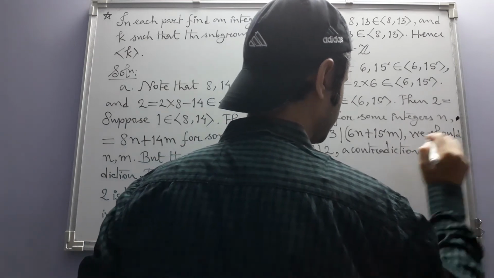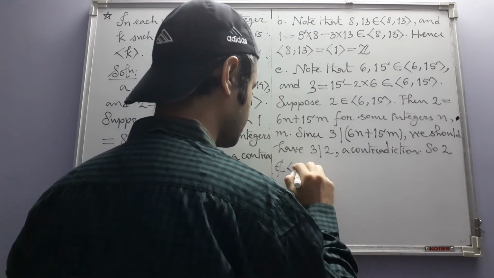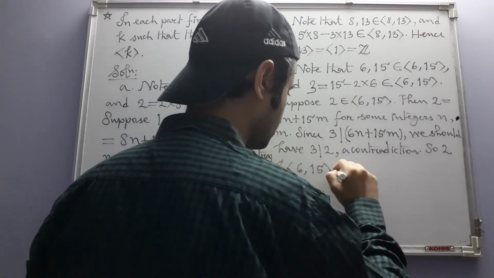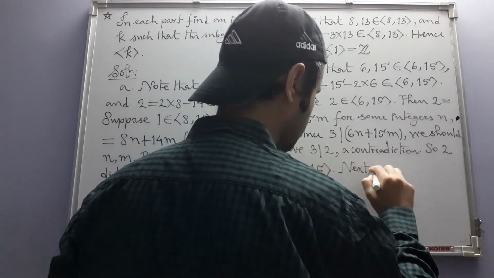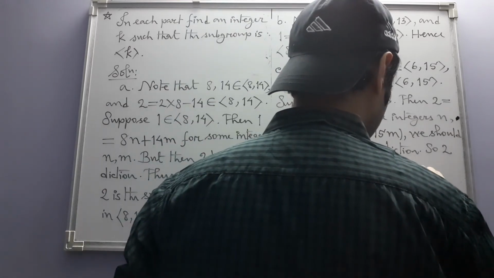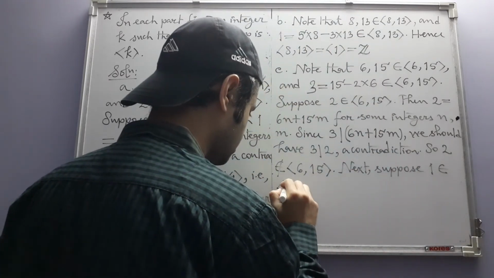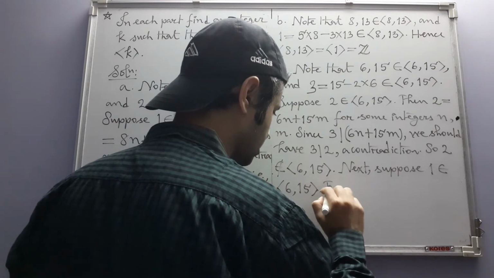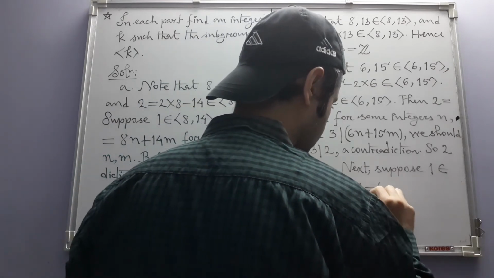So 2 cannot be contained in this subgroup. Next, suppose 1 belongs to the subgroup generated by 6 and 15, then 1 is equal to it.